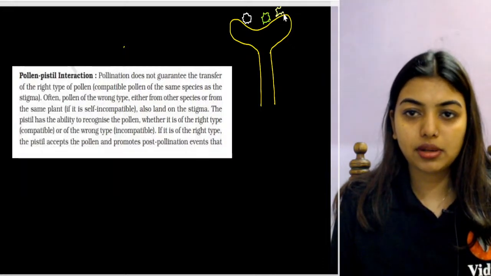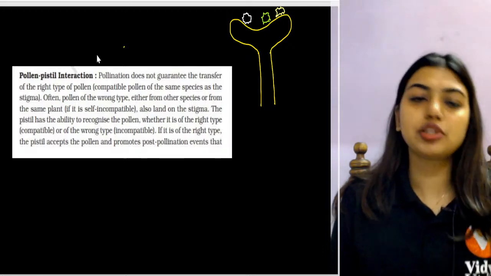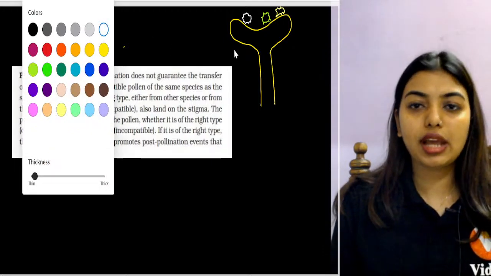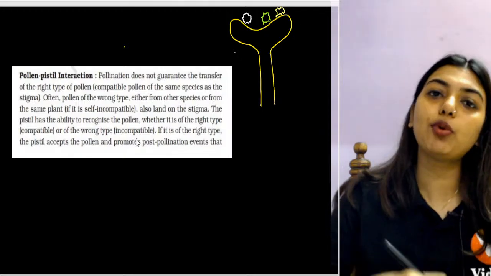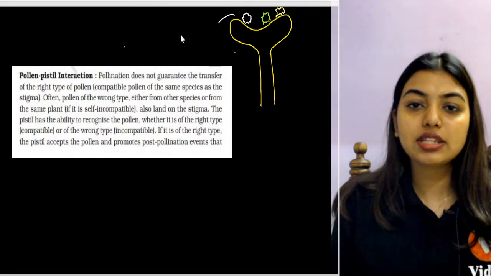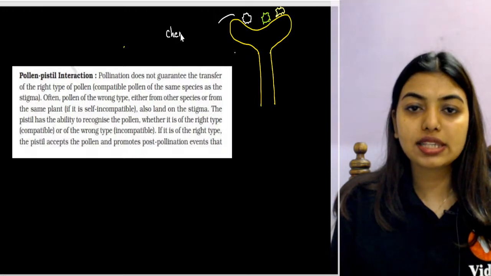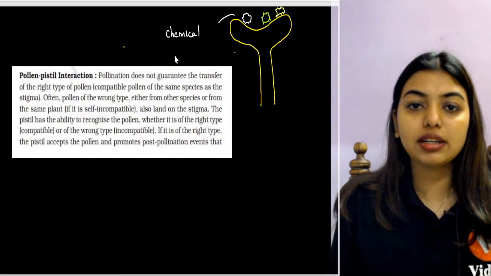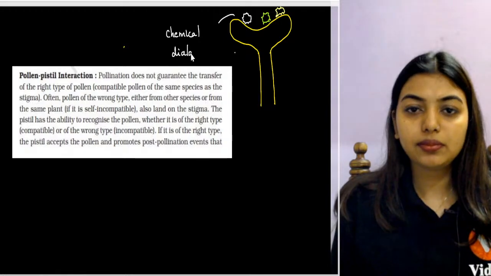These are 3 different pollen. How does the stigma know which pollen it is supposed to allow for pollen tube germination? So the first step is chemical interaction or chemical dialogues.